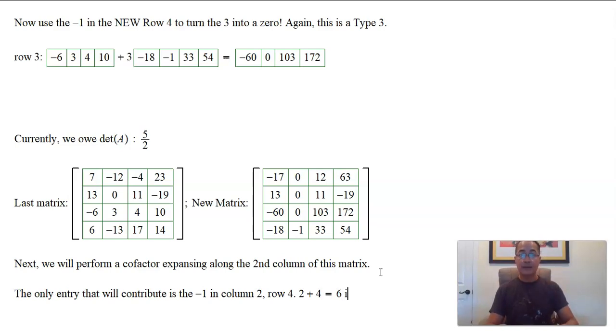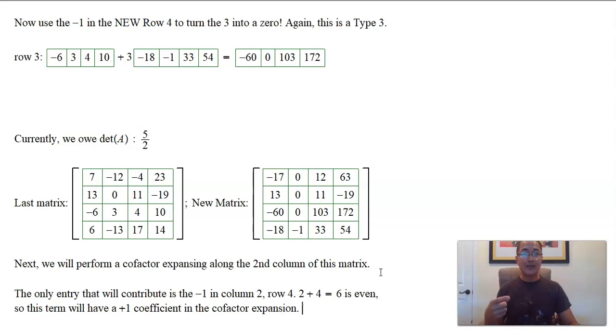That's even. So the sign is +1. So this term will have a +1 coefficient in the cofactor expansion. Okay, so if you forgot that there should be a plus or minus 1, you would have been lucky if you had forgotten to do that step, because it will be a +1 anyway instead of a -1.